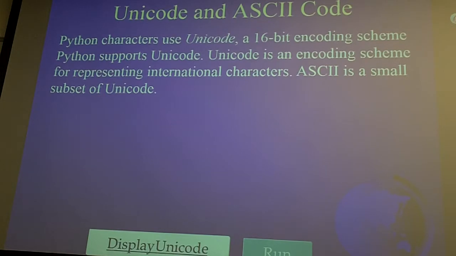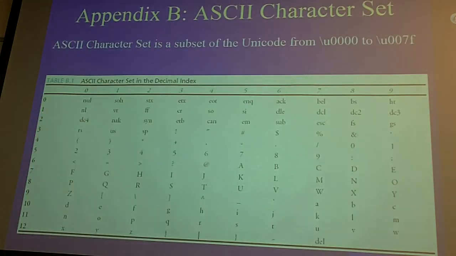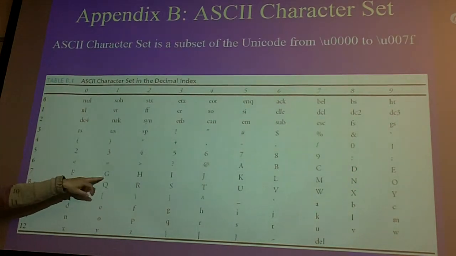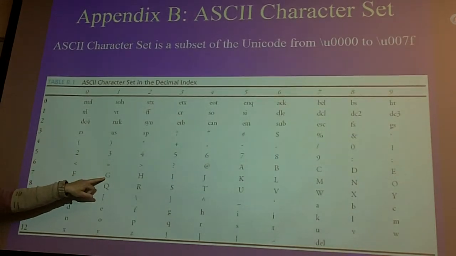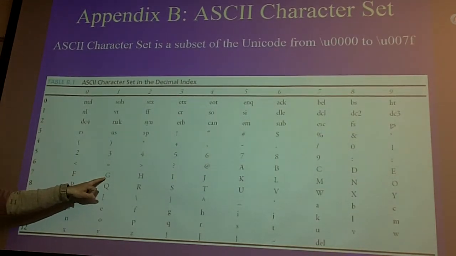Now Unicode is relatively new, but it's now becoming universal. Uni stands for universal. It's a 16-bit or more coding scheme, whereas ASCII is an 8-bit coding scheme. Just to give some idea of the ASCII code, take any letter, like the letter G. What is the ASCII code?